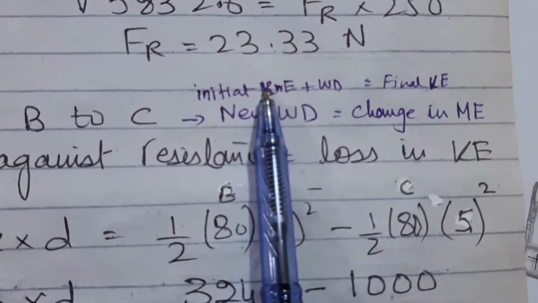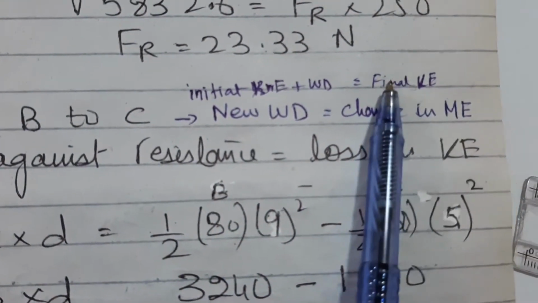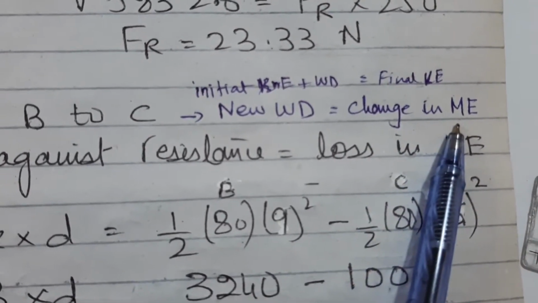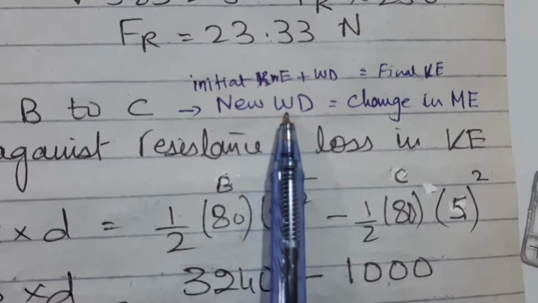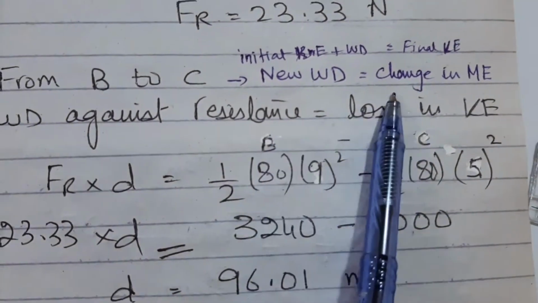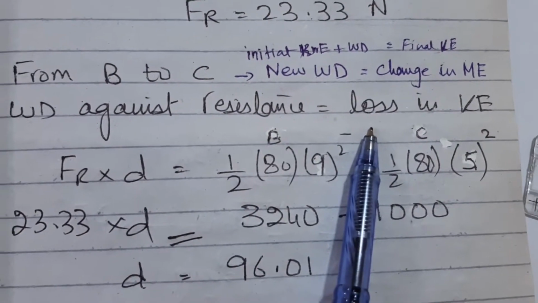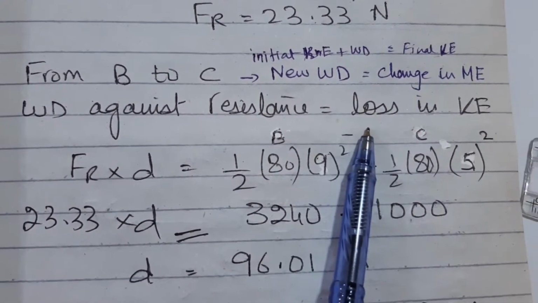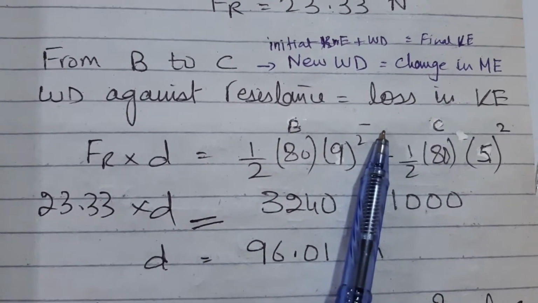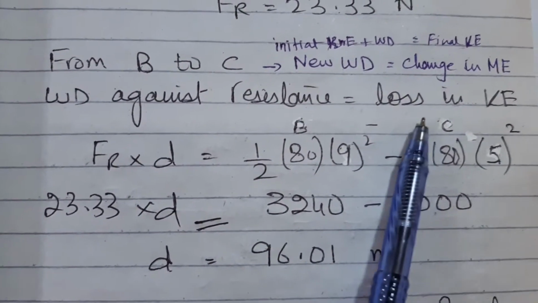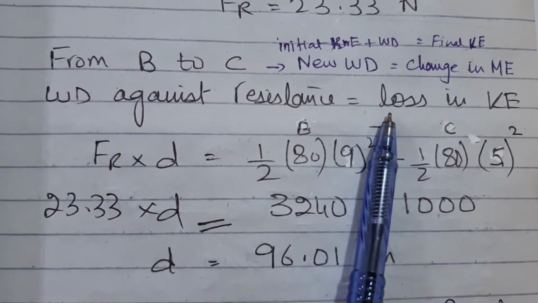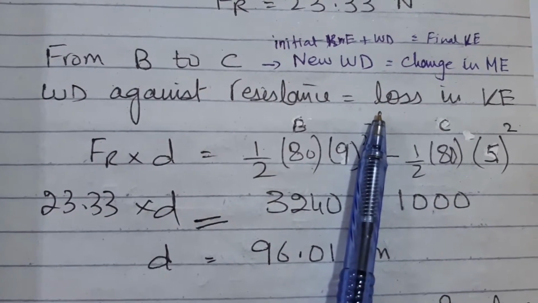So if I take this initial kinetic energy on this side and subtract it, what do I get? Change in mechanical energy, right? So work done is equal to change in mechanical energy. The change we can also write as loss or gain. We know here it is losing energy, because the speed was getting lower at C, I just showed it to you, right?